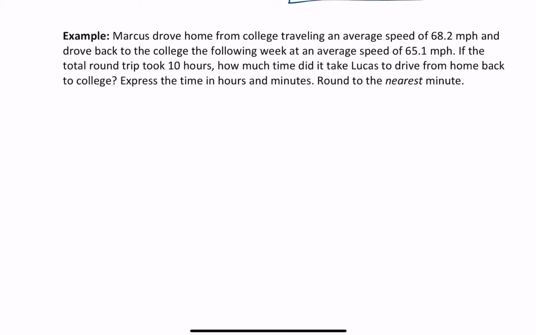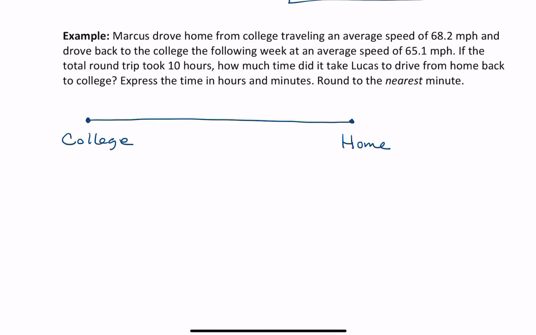So there's a lot going on in this example, so it really helps here if you just draw a simple sketch. I'm going to say this is college and this is home. It's probably not a straight shot, but I'm going to just draw it like it is.